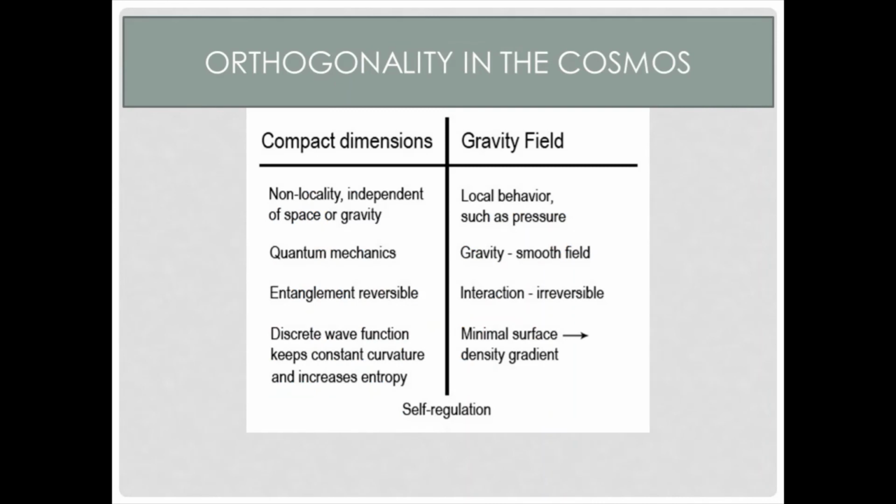The characteristics of these two different entities are listed. The compact dimensions are non-local. They are described by quantum mechanics and entanglement, which is reversible. And the gravity field has local behavior, and the interaction is irreversible, which evolves the field, and at every point of space it has a definite energy level.